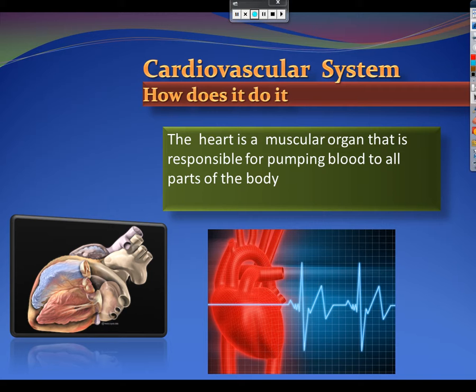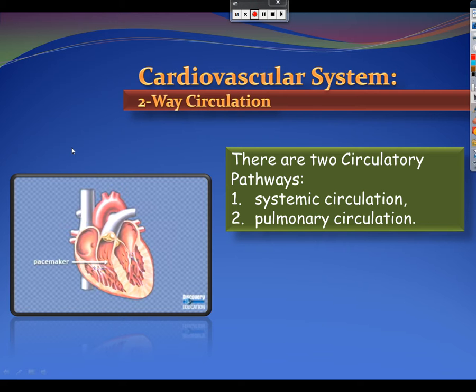The heart is that muscular organ that's responsible for pumping blood out to the rest of the body. And there are 2 pathways that it will do this through. We have your systemic circulation and your pulmonary circulation.